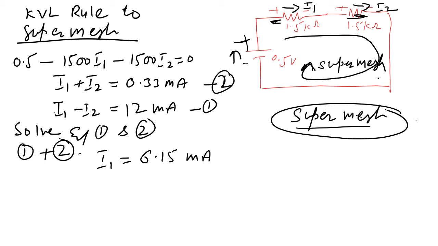And the value of I2, solving these equations, is 5.83 milliampere. So I got the values of I1 and I2.